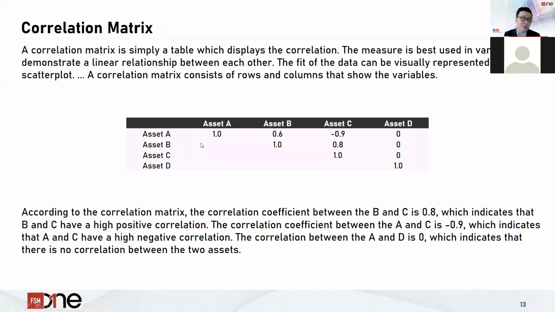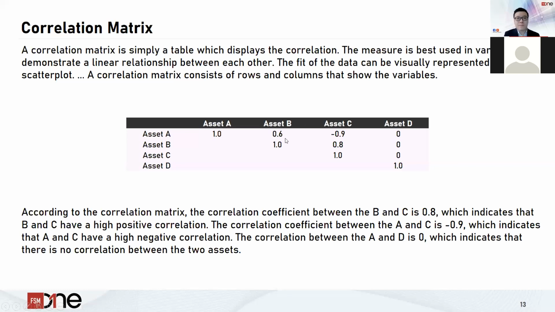Using these correlation coefficients, we can build a correlation matrix, which is a table to illustrate all these relationships with different assets. How you read this is, for example, asset A and asset A, their correlation is 1.0. So definitely, because they are both the same asset, they move perfectly with one another. If, let's say, asset A and asset B, there's a 0.6 over here.